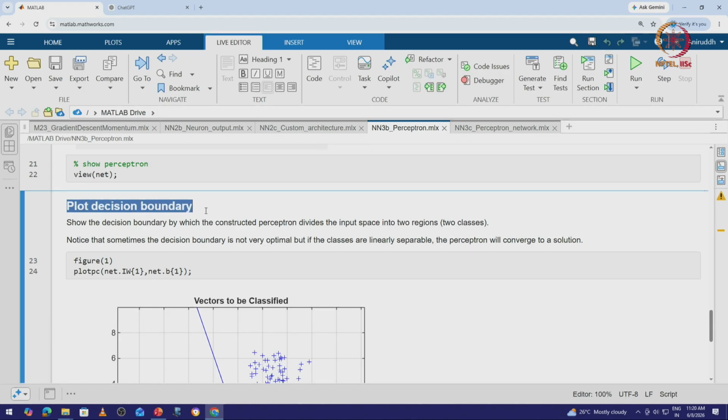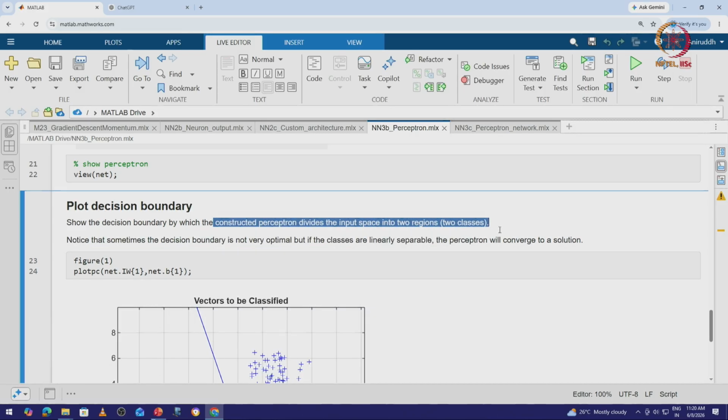So let us plot the decision boundary. We want to observe the decision boundary of the perceptron and see how it divides these two classes. Sometimes the decision boundary is not optimal. If the classes are linearly separable, it will converge. We saw an example where the decision boundary did not work in the case of an XOR gate.